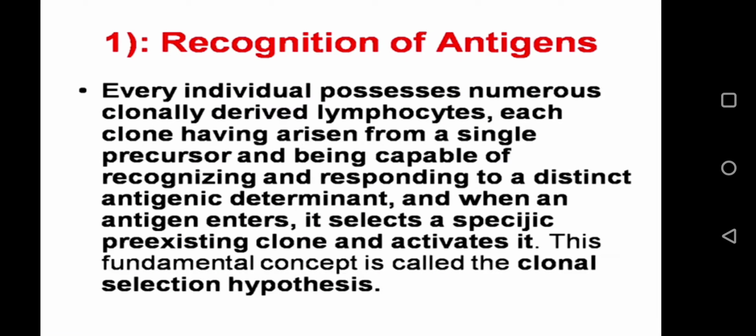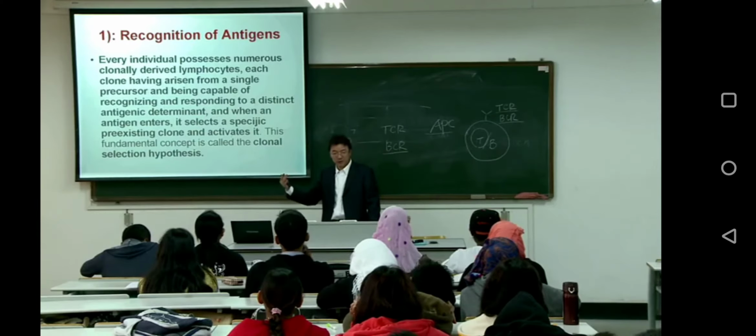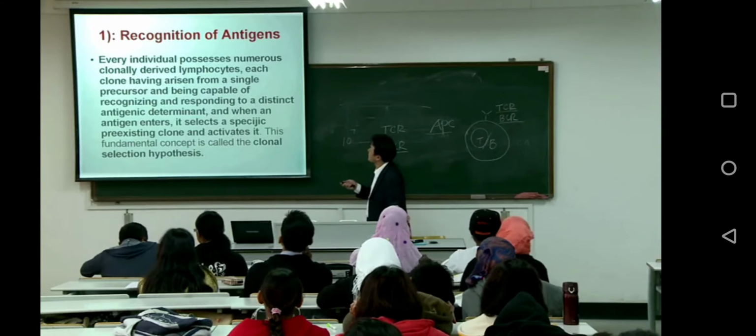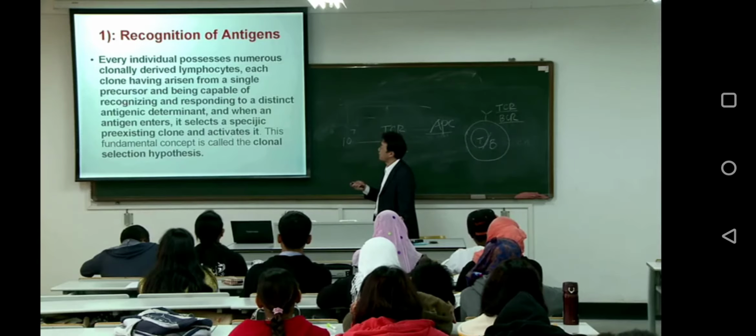So, every individual possesses numerous clonally derived lymphocytes. Different kinds of lymphocytes derive from the stem cell in bone marrow. Each clone has arisen from a single precursor and is capable of recognizing and responding to a distinct antigenic determinant.